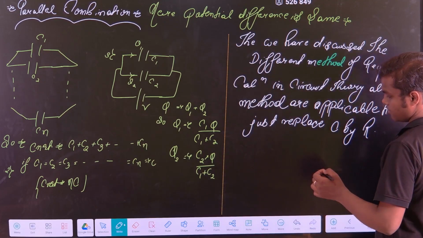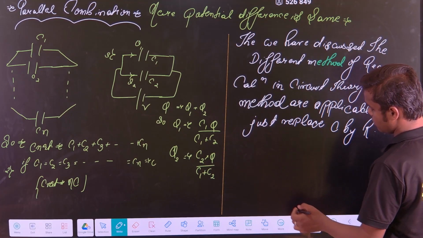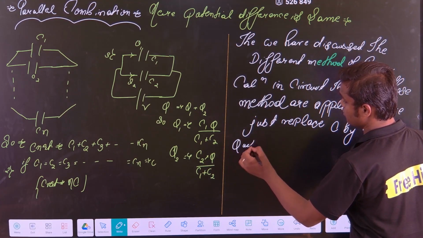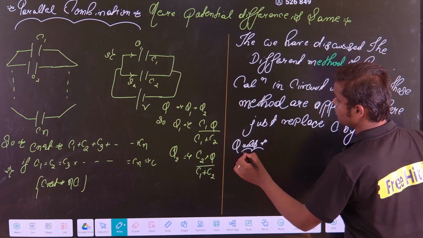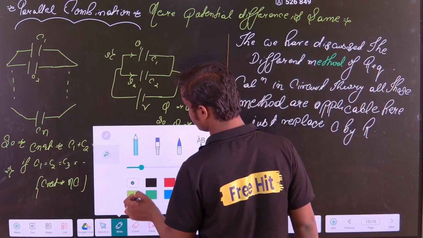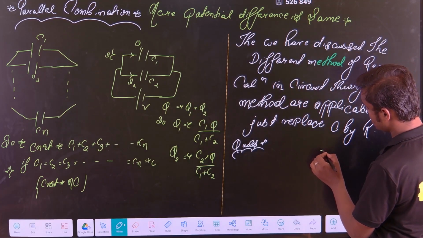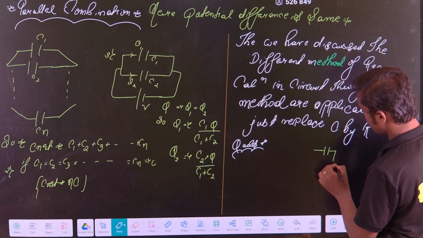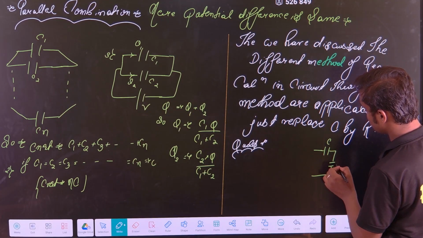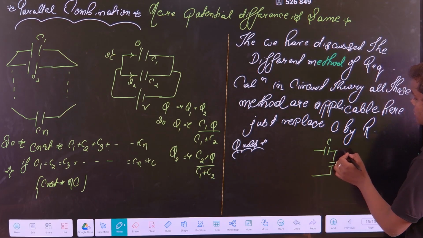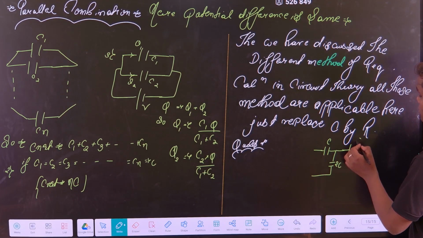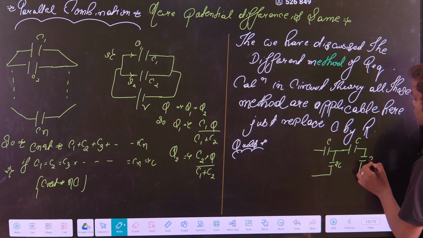The question is, let us see, what is the question? Suppose I have taken an infinite ladder of capacitors. This is C, this is 2C, this is C, this is 2C.